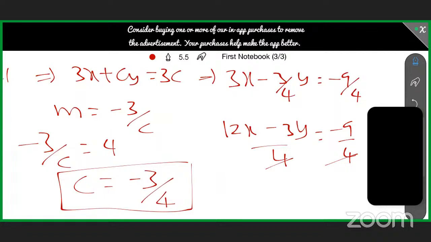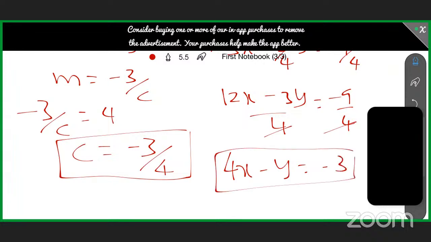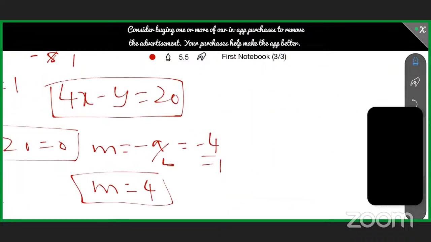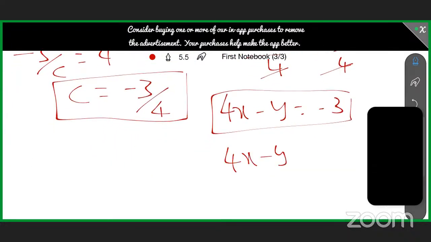The 4s get cancelled. We can take 3 common again, so 4x minus y is equal to minus 3. So this is one equation. The other line equation that we found out is 4x minus y is equal to 20.